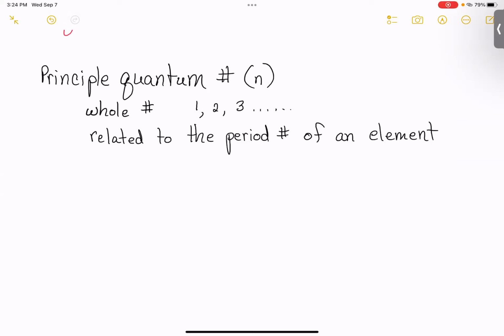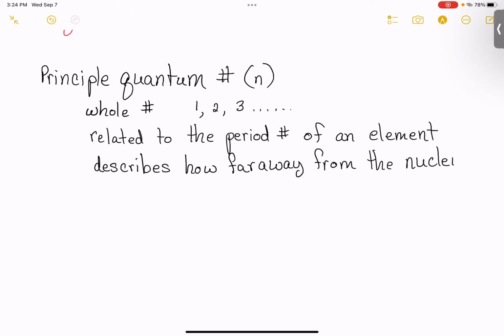The principal quantum number describes how far away from the nucleus an electron resides.